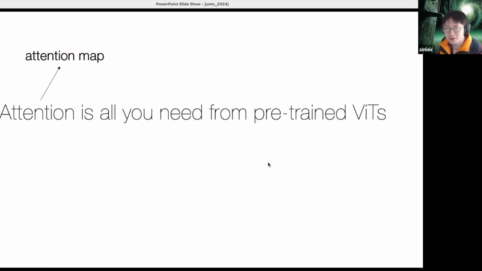And I'll directly jump into the takeaway message, which is that we find attention is almost all you need from pre-trained vision transformers. And by attention, I mean you just need the attention map from those pre-trained models. So it's not the entire set of features, it's the attention map. And with enough attention maps, we can get most out of the pre-trained model.